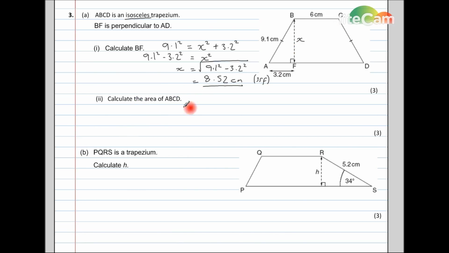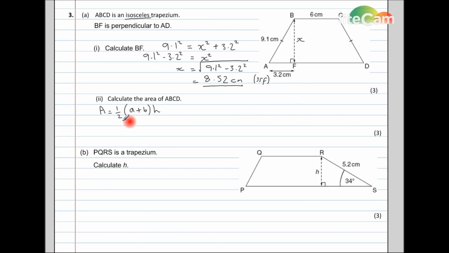So if you forget the formula for the trapezium, it's in the front of your formula book, but it says something like this: the area equals half of A plus B H. Now H is the perpendicular height of it, so that's this length here. Okay, A plus B, that just means the long side plus the short side, and we're just going to half it at the end.